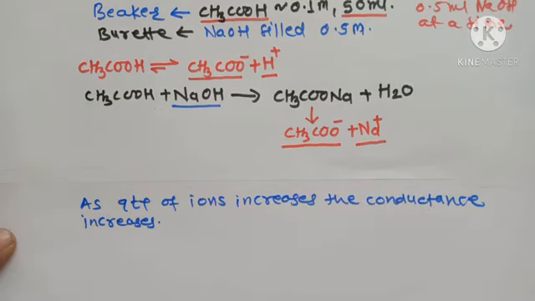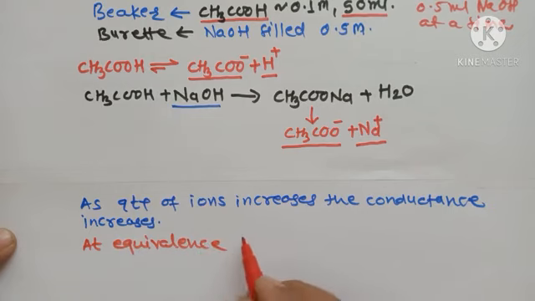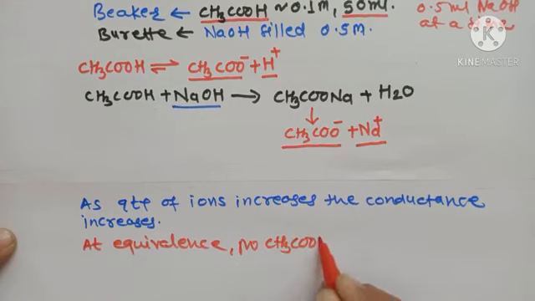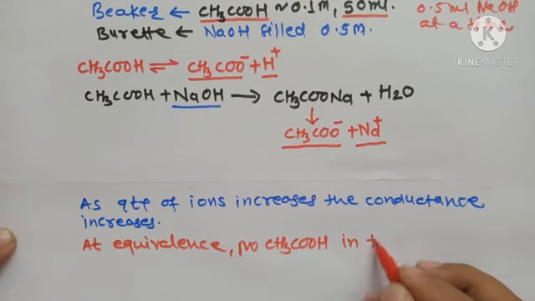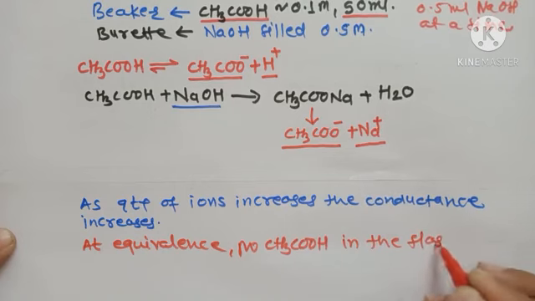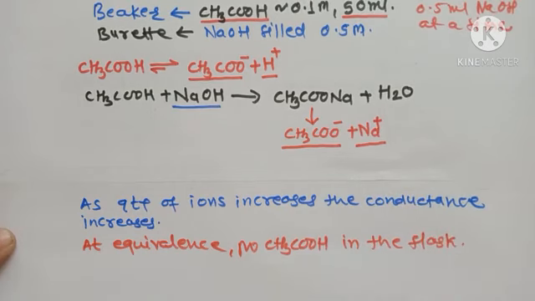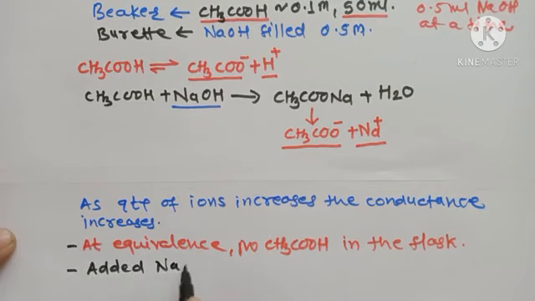At the equivalence point, there is no acetic acid. Why? At the equivalence point, all the acetic acid is consumed from the flask. As a result, after the equivalence point, the added NaOH will be in excess.